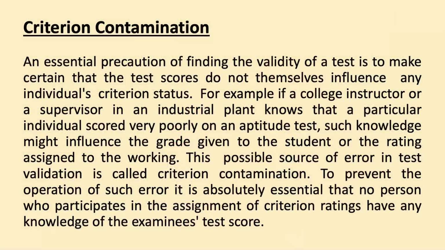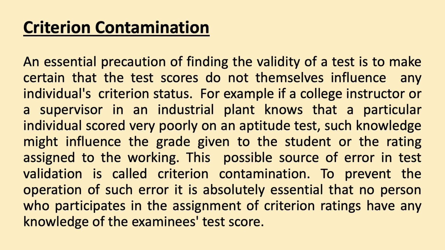Now when you use a criterion, there is a danger of one factor you should keep in mind, and that is called criterion contamination. An essential precaution in finding the validity of a test is to make certain that the test scores do not themselves influence any individual's criterion status.